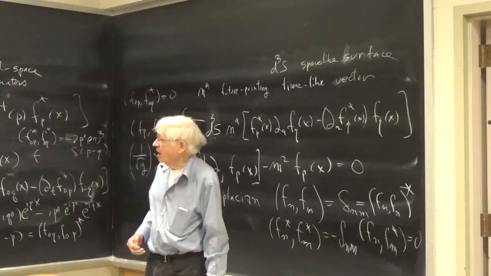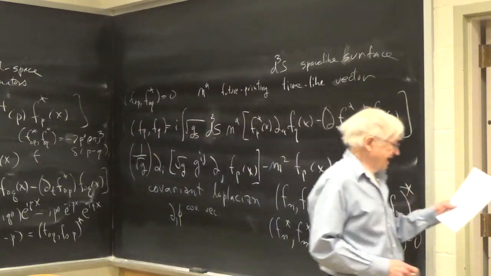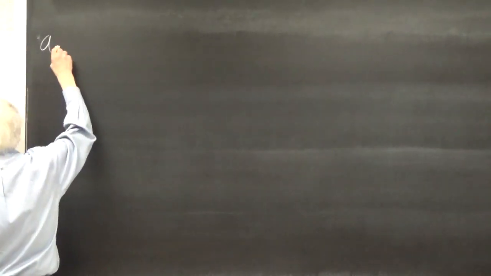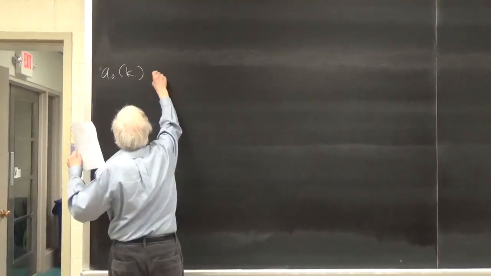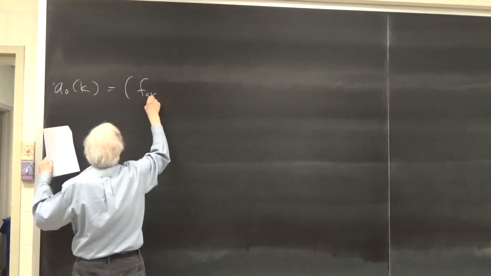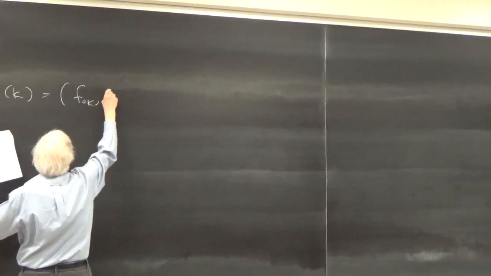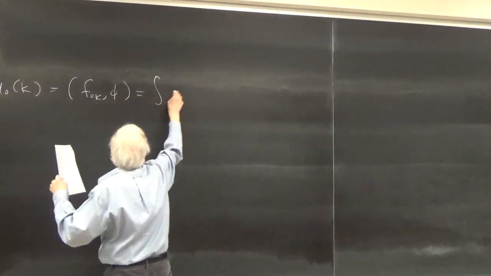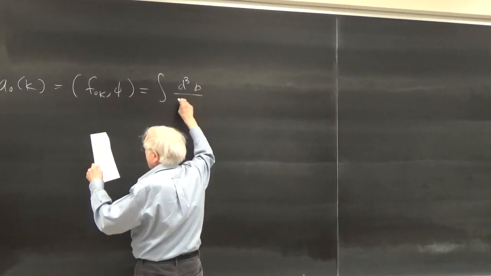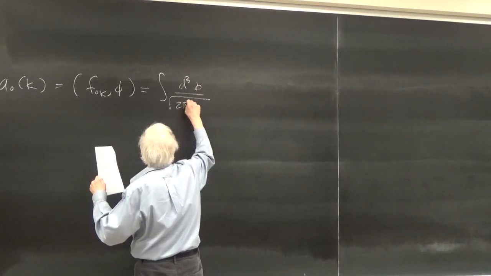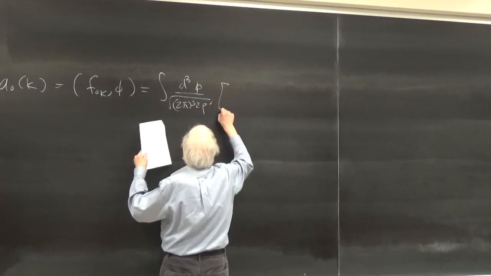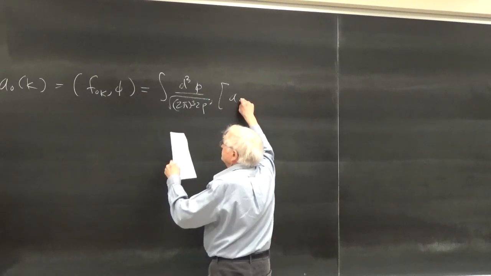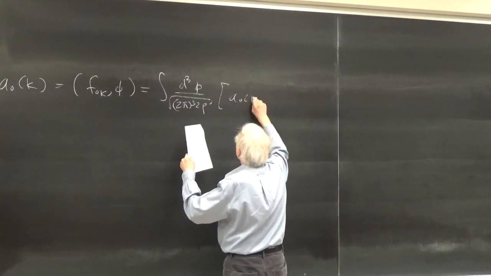So now, in flat space, what we do is we say that A0 of k is the mode function, which happens just to be F0k with phi. So this is an integral d^3p over, again, (2 pi)^3 2p0, A0 of p.